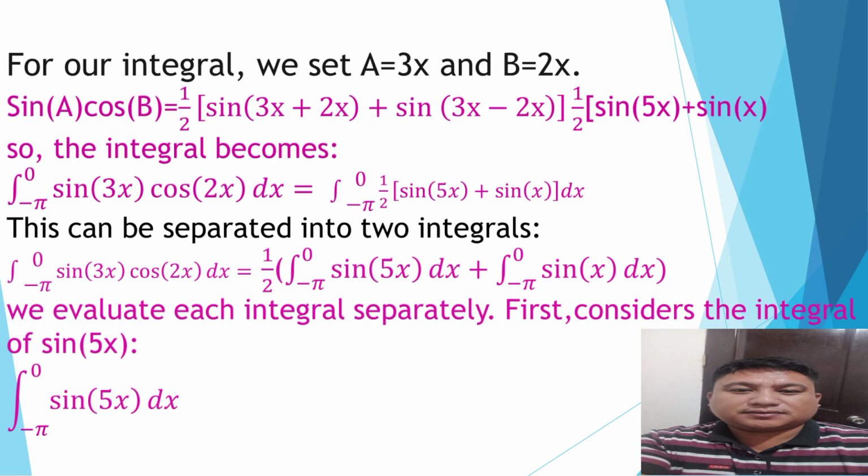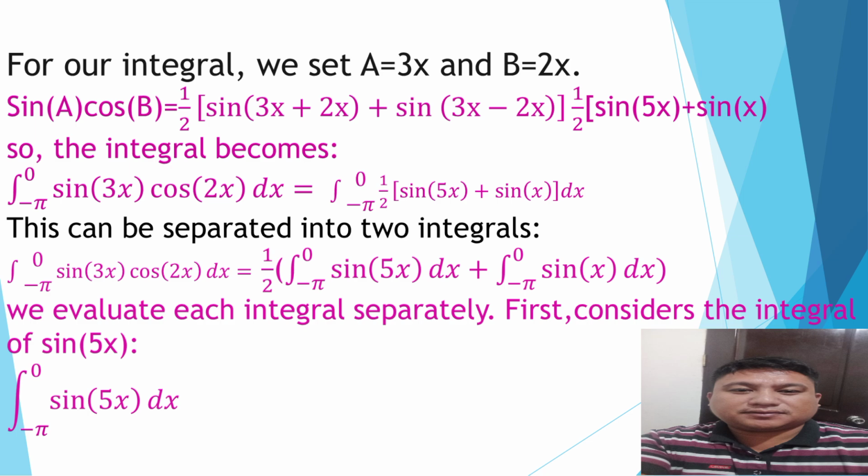This can be separated into two integrals: 1/2 times the integral from negative pi to 0 of sine 5x dx plus the integral from negative pi to 0 of sine x dx.